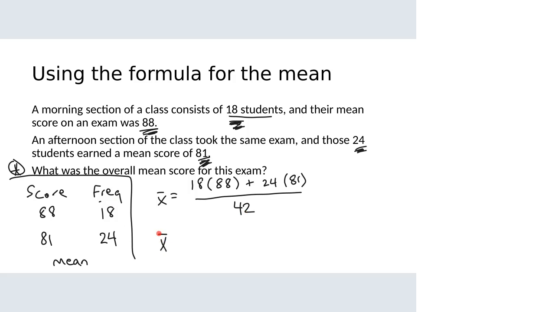All right. So then here we'll have, let's see, 18 times 88 is 1,584. If you're thinking, what in the world does that number even mean? Well, that would be the sum of all the exam scores from the morning class, because I'm doing 18 times 88.